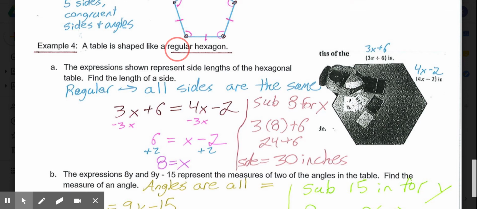So the fact that they tell me it's regular means all the sides are equal and all the angles are equal. So the expressions shown represent the side lengths of the table. They want us to find the length of a side. So again, because it's regular, I know all my sides are equal.